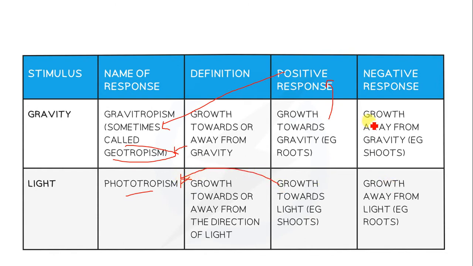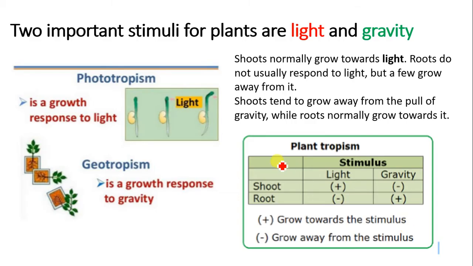But when growth is away from gravity, for example, the shoot usually grows away from gravity, that is negative gravitropism, while growth away from light is negative phototropism, and in this case, roots grow away from light.